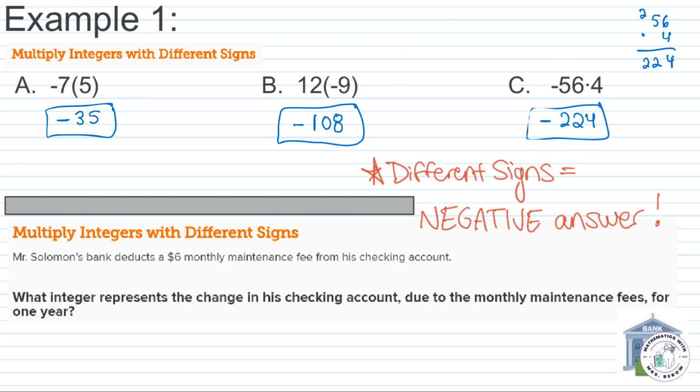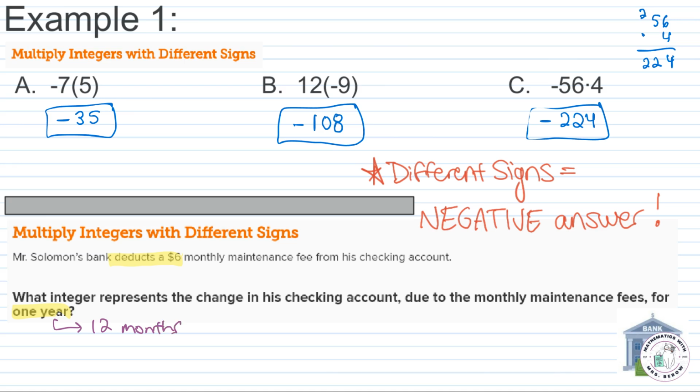All right, let's take a look at a story problem that involves different signs. Mr. Solomon's bank deducts a $6 monthly maintenance fee from his checking account. So the key here is that it deducts a $6 monthly maintenance fee. What integer represents the change in his checking account due to the monthly maintenance fees for 1 year? So 1 year is equivalent to 12 months.